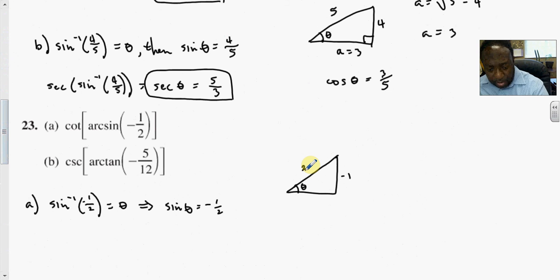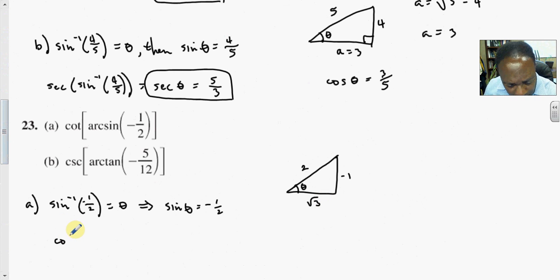Well, the hypotenuse is the resultant. Here we keep it positive, so it's either the x-coordinate or the y-coordinate that is negative. Here it says sine, so sine runs with respect to the y-coordinate. So we find this side, this would be the square root of 4 minus 1, or just the square root of 3.